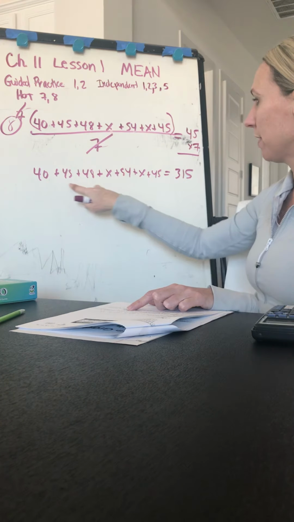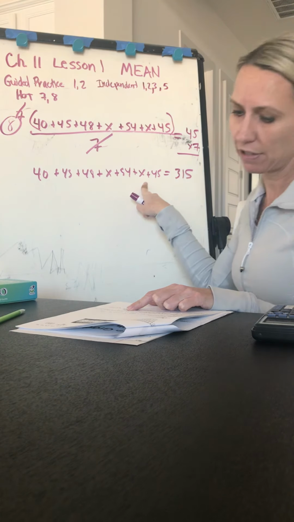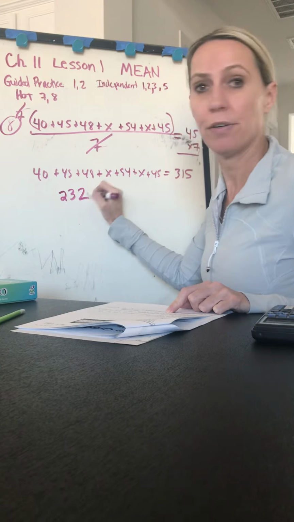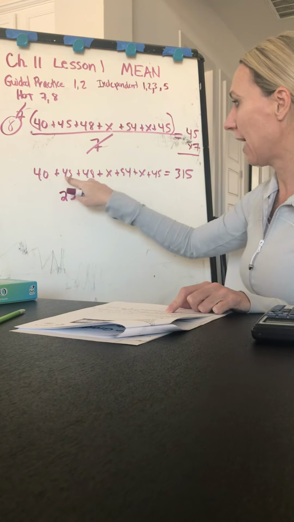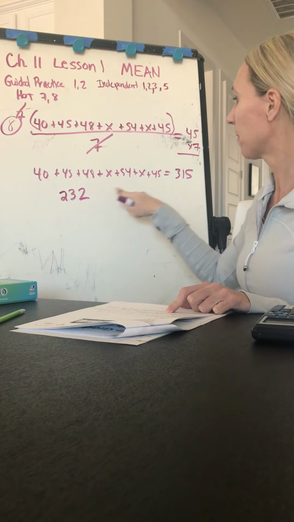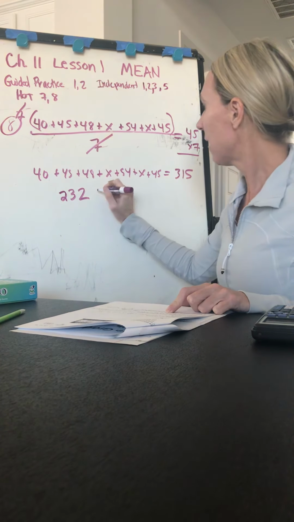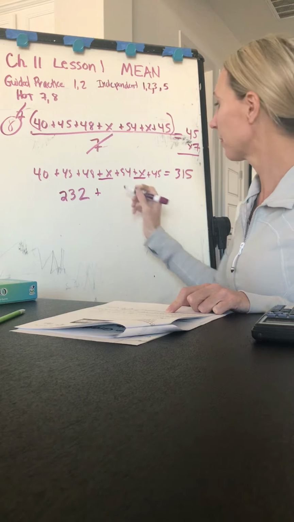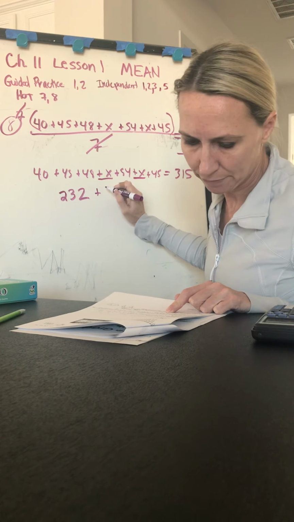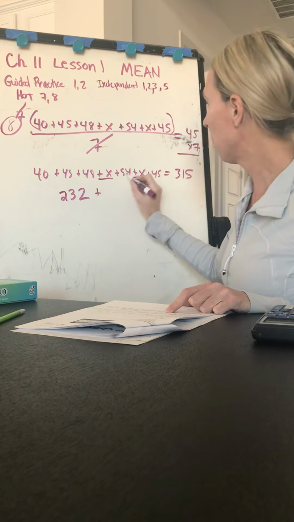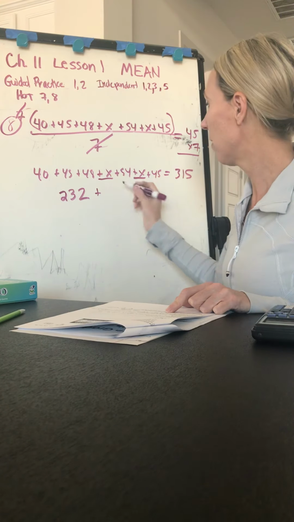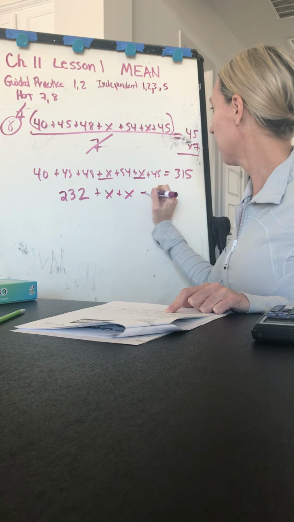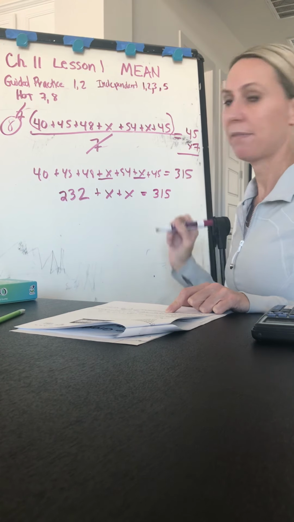I'm going to add up all these numbers, not the x's, just the numbers, and I get 232. Bentley, do you want to grab the calculator and add these numbers only and double check? Then we have an x here and an x here. We can make that 2x, or we can leave it right now as x and x, and that equals 315.